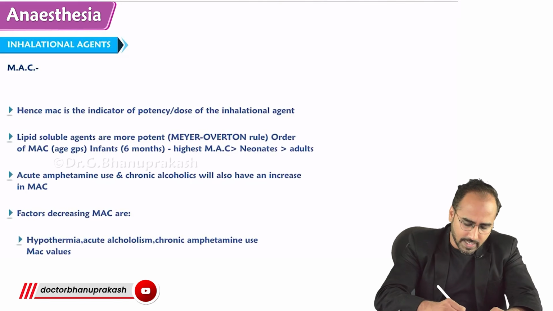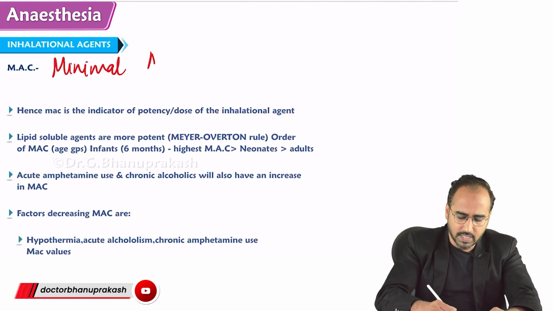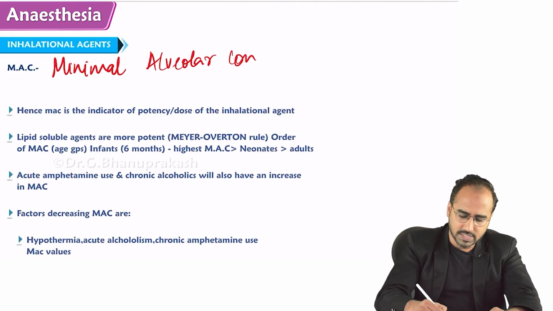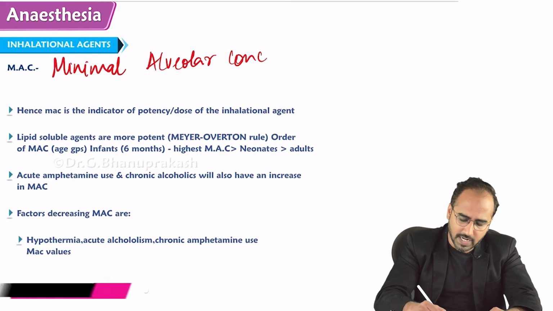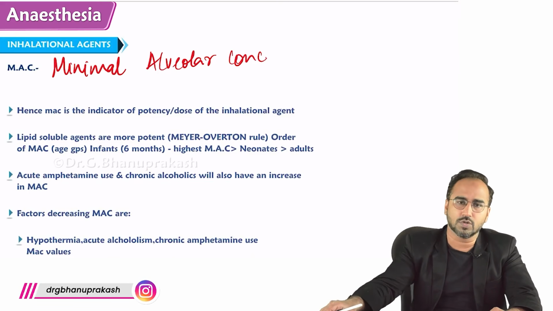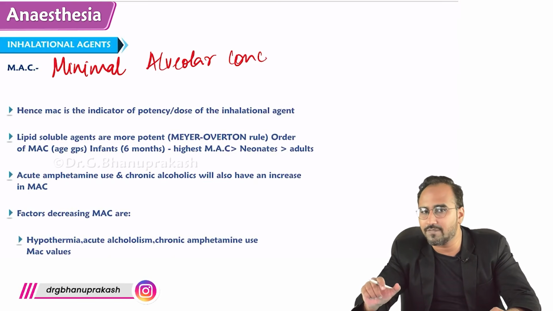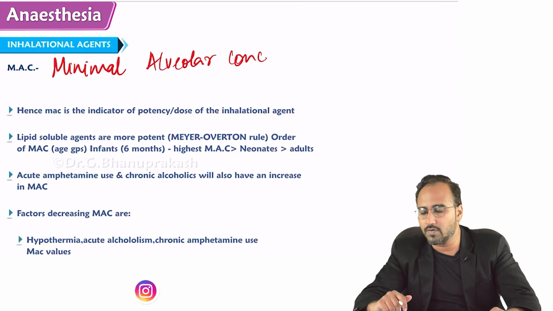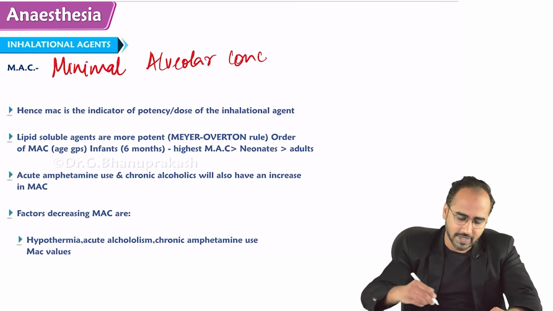What is the full form of MAC, guys? Minimal alveolar concentration. But again, guys, you don't have to remember just the full form of it. You have to remember the total definition of MAC.